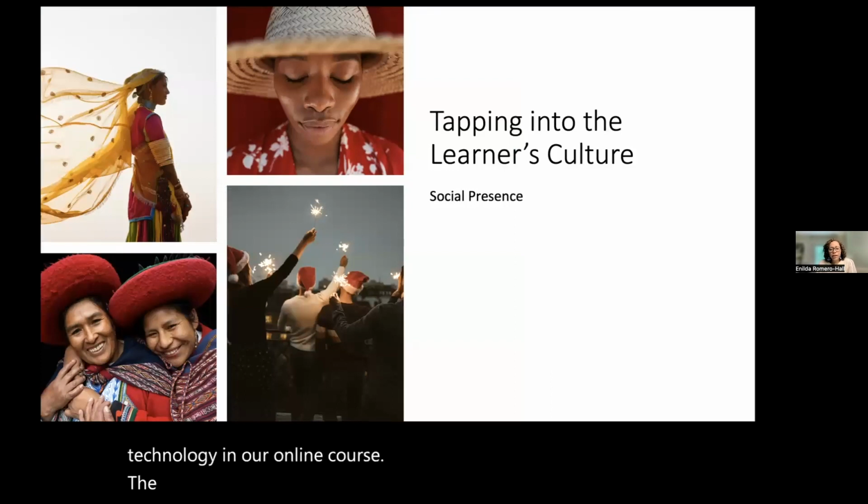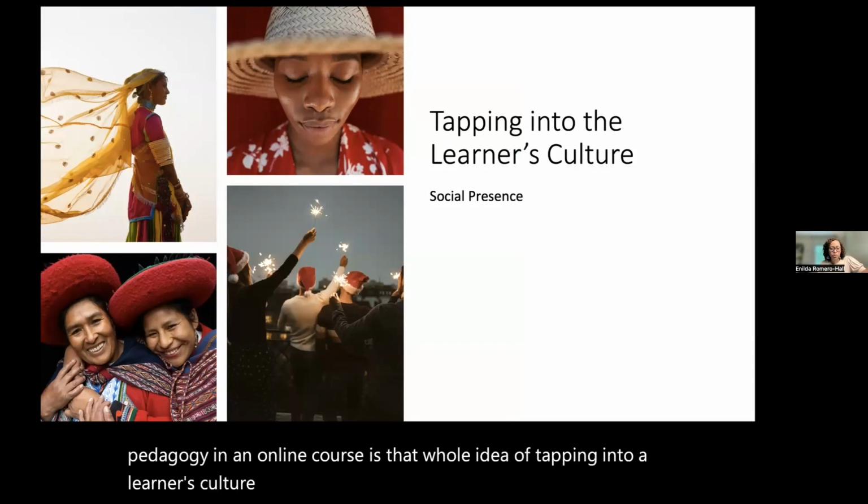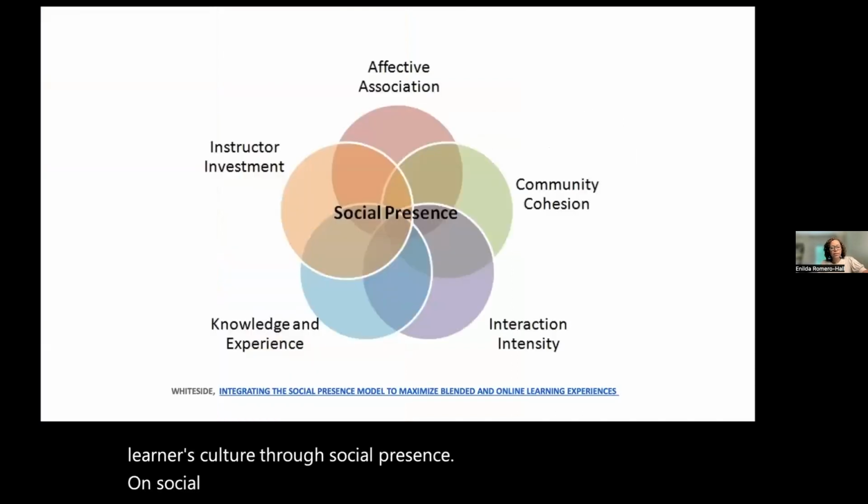The other element that we consider as part of a culturally relevant pedagogy in an online course is that whole idea of tapping into learners' culture through social presence. Social presence has different elements.